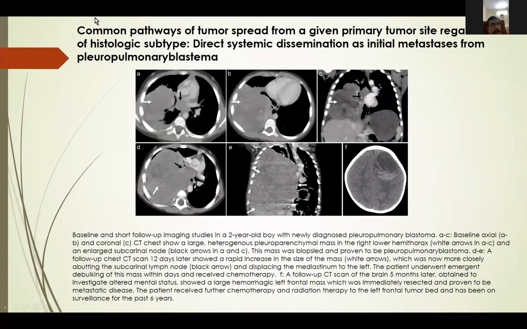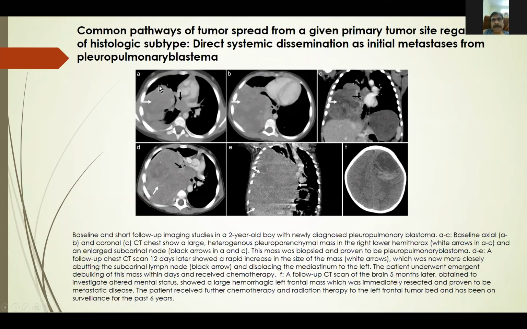And I also want to say that sometimes we say the biology of the tumor depends on the primary tumor, right? The histology of the primary tumor. But regardless of the histology, sometimes these anatomic pathways are the ones that dictate where the tumor spreads.